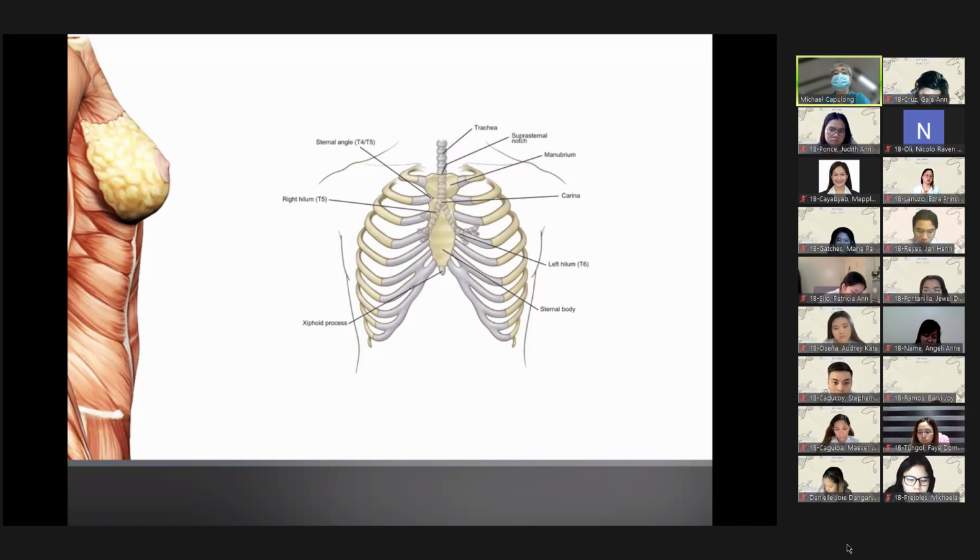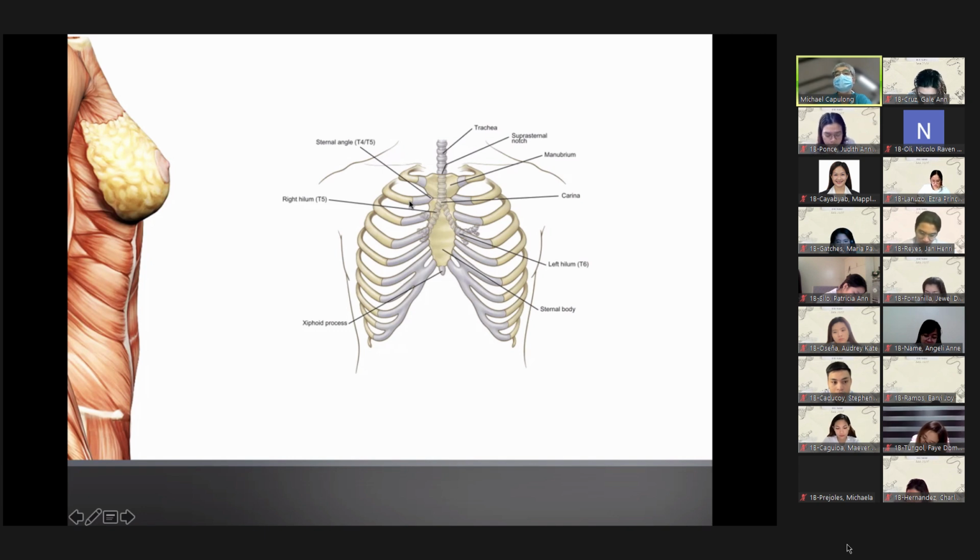Okay. So this wide superior portion of the sternum is your manubrium, and the meeting point of your manubrium and the sternum is your sternal angle of Louis. Okay, the sternal angle of Louis. And what is the importance of this? Number one, your manubrium would be the attachment of your first rib, and your sternal angle will be the attachment of your second rib.